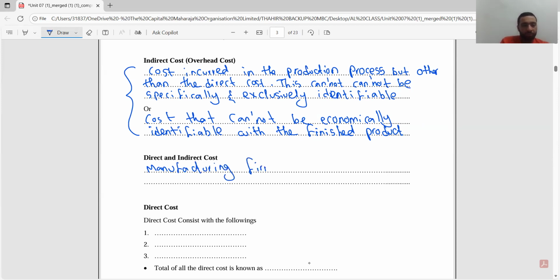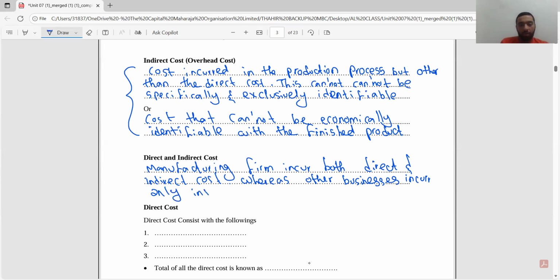Manufacturing firms incur both direct and indirect costs, whereas other businesses incur only indirect costs.